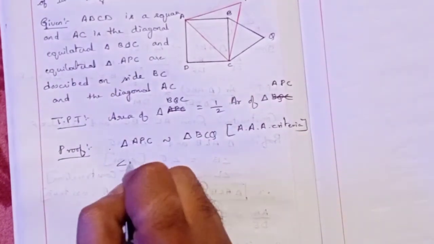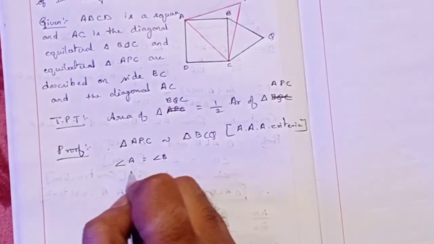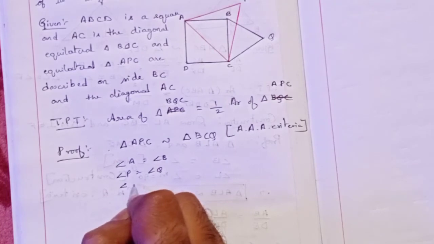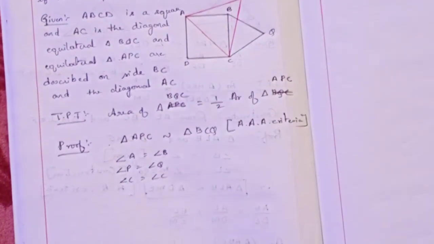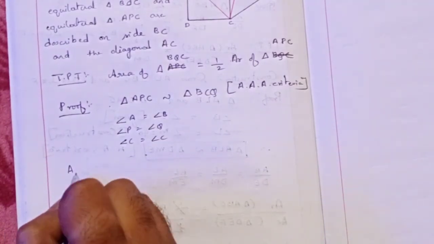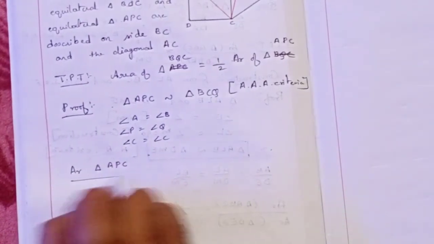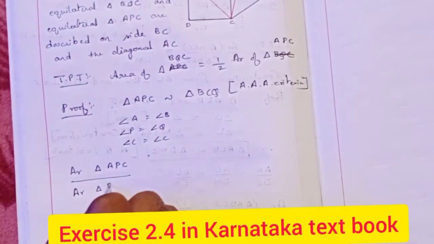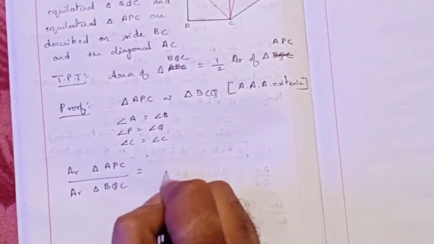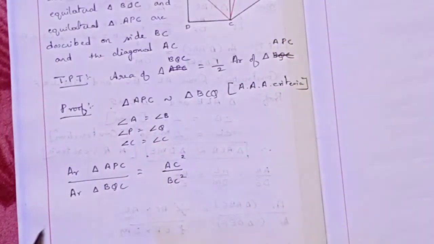If you need, you can write that angle A is equal to angle B, angle P is equal to angle Q, and finally angle C will be equal to angle C. Now with respect to the ratio of the areas of two similar triangles, area of triangle APC divided by area of triangle BCQ is equal to the ratio of the squares of their corresponding sides. So in APC I will consider AC square, and in BQC I am going to consider BC square.